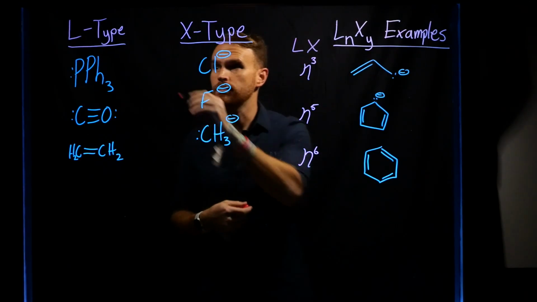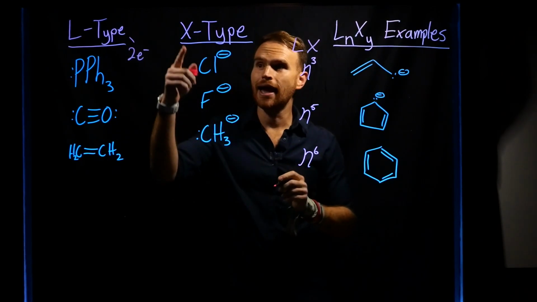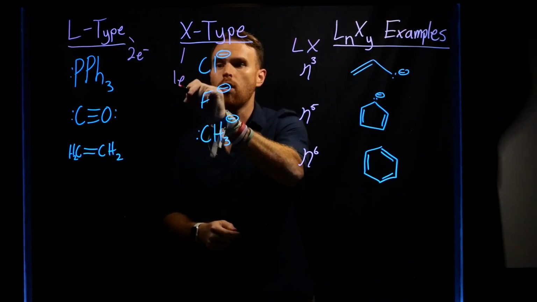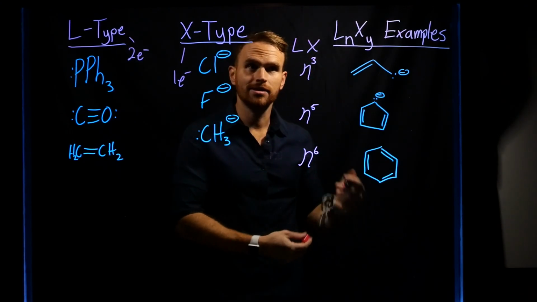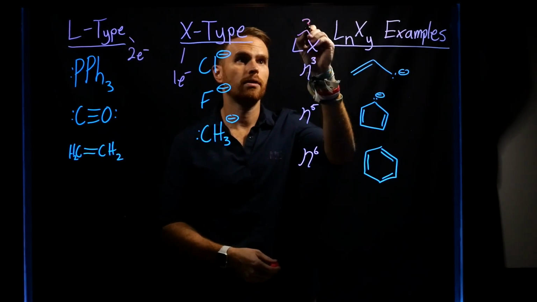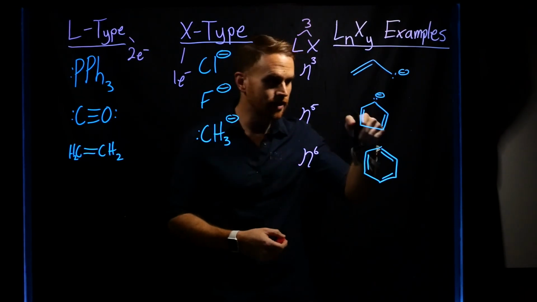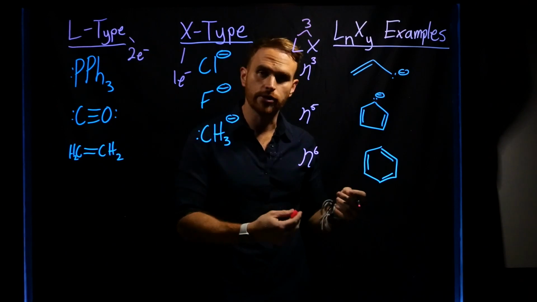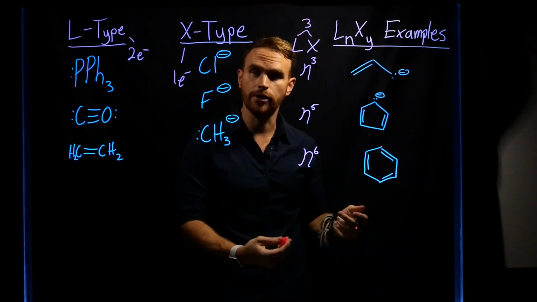Remember that L-type ligands contribute 2 electrons to the electron count, and X-type ligands contribute 1 electron. So therefore, we would expect that an LX type ligand would contribute 3, 2 for the L portion and 1 for the X. The cyclopentadienyl group is a very common ligand that we'll encounter, especially when we talk about sandwich compounds like ferrocene.